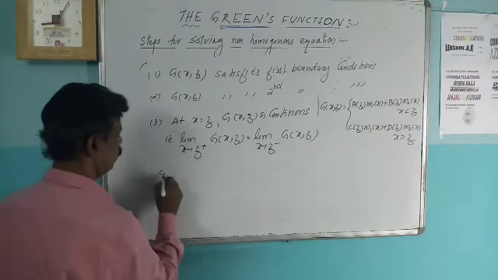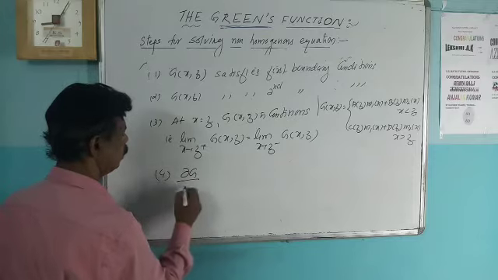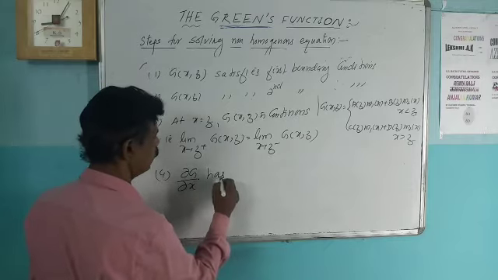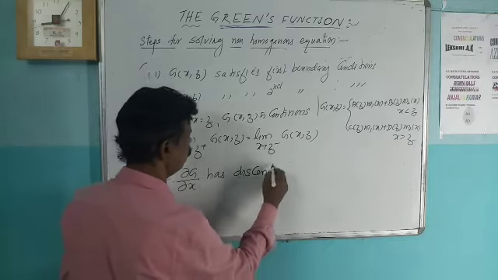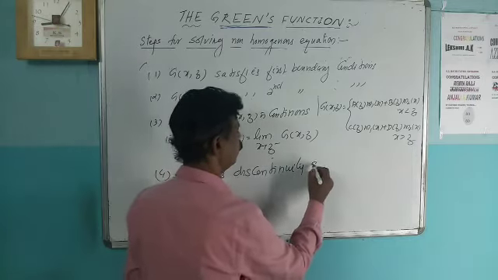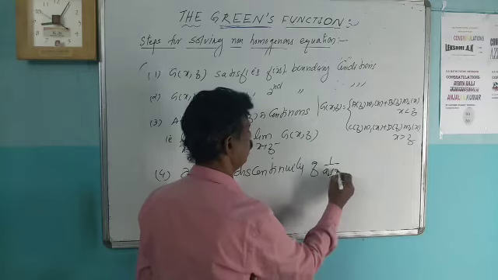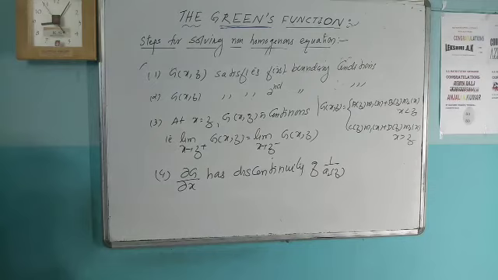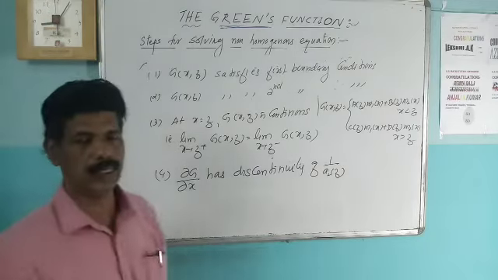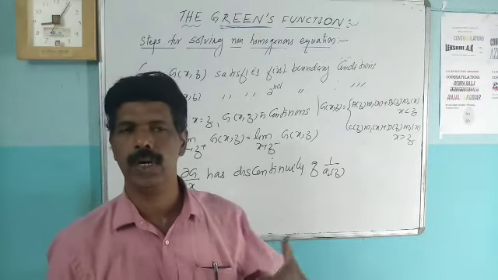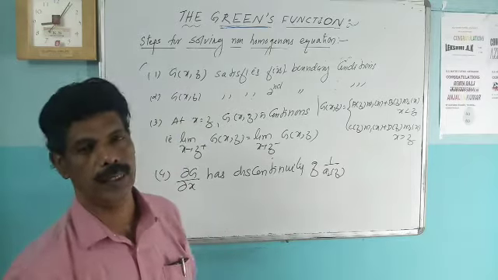Fourth condition: dou g by dou x has a discontinuity of magnitude 1 by a2 z, where a2 is the coefficient of d square y by dx square.